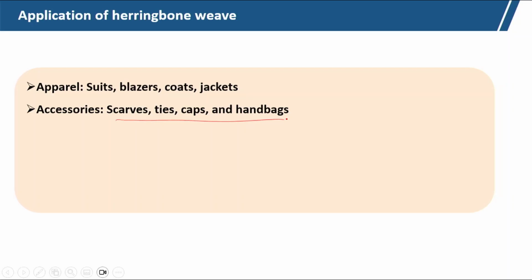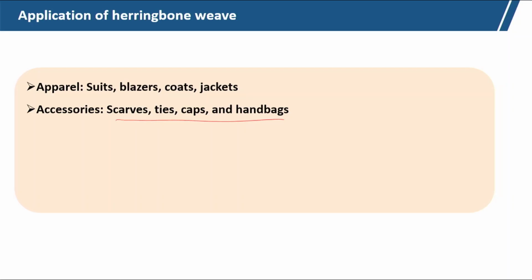So, applications of herringbone weave: apparel like suits, blazers, coats, jackets, it is very commonly used for all these applications. Apparel and accessories, scarves, ties, caps, handbags, there we use this herringbone effect.